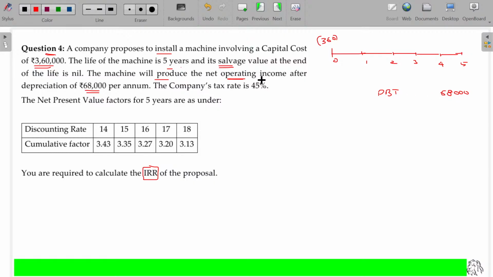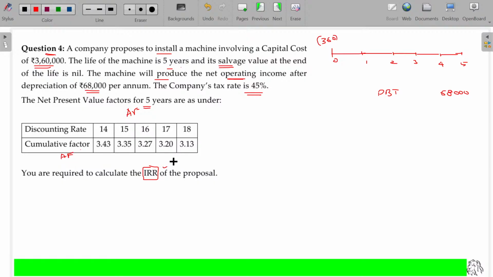So here we have been given net operating income after depreciation. So then it's your duty to find out what? Cash inflow. The company's tax rate being 45% and net present value for 5 years. For 5 years means annuity factor. Cumulative factor given is here: 14%, 15%, 16, 17, 18. For these 5 different percentages, the cumulative factor or annuity factor is given.